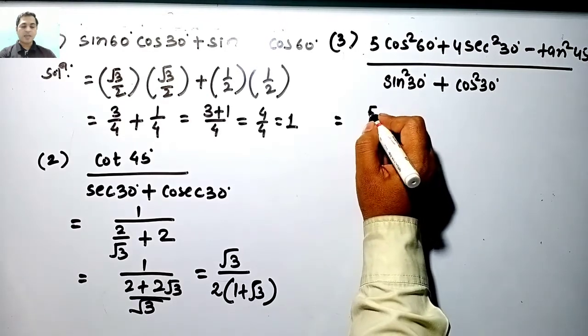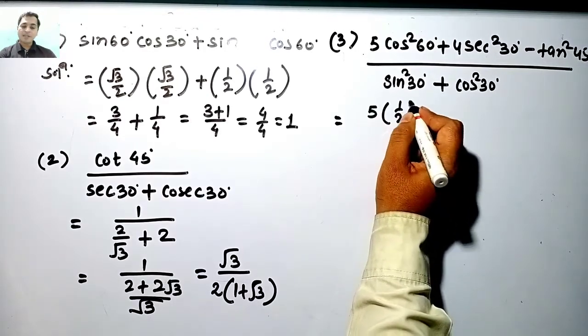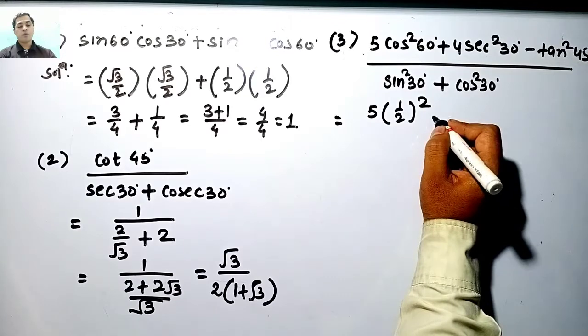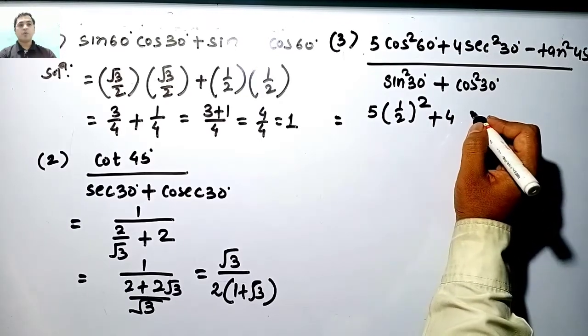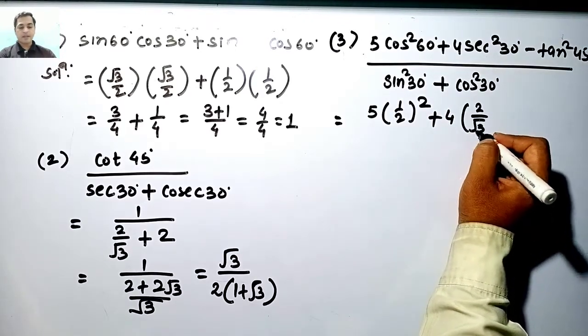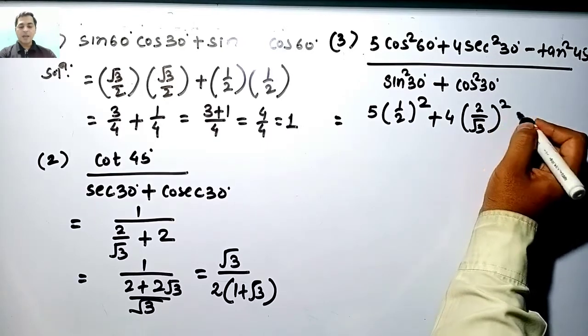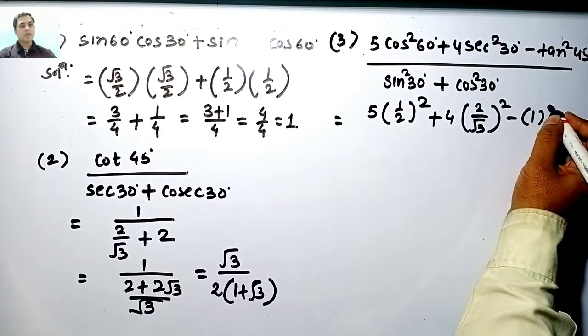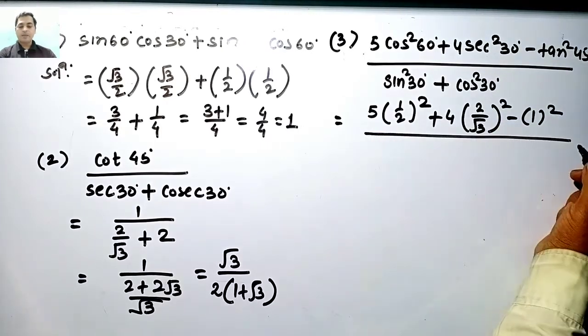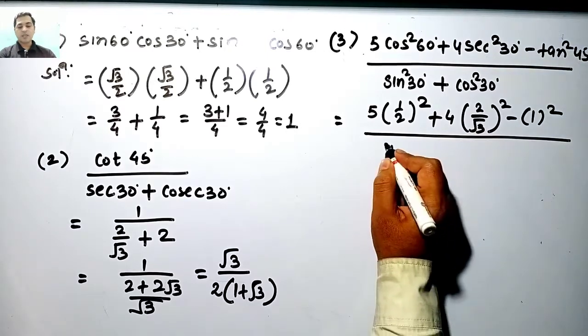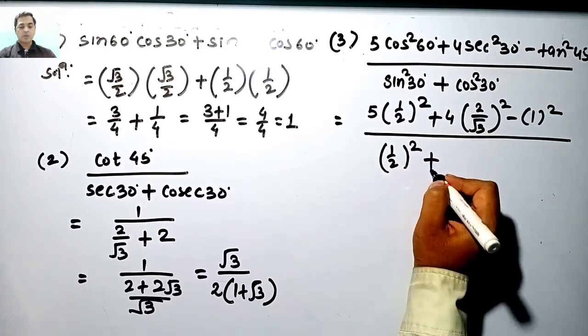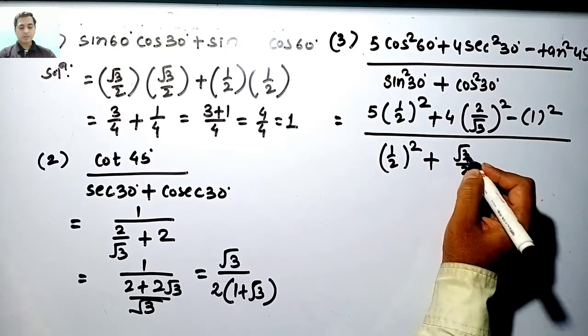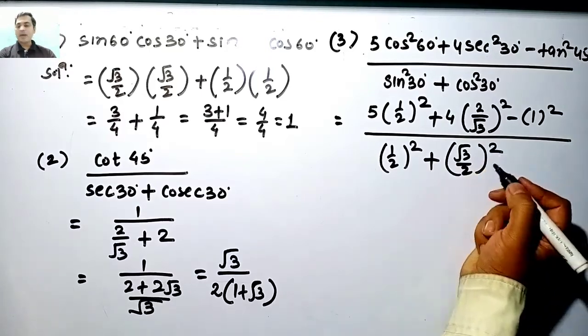So student, putting the values of trigonometric ratios: 5 into 1 upon 2 whole square, plus 4 sec square 30, which is 2 upon root 3 whole square, minus the value of tan 45 is 1, so 1 whole square, divided by sin square 30, so 1 by 2 whole square, and cos square 30, root 3 by 2 whole square.